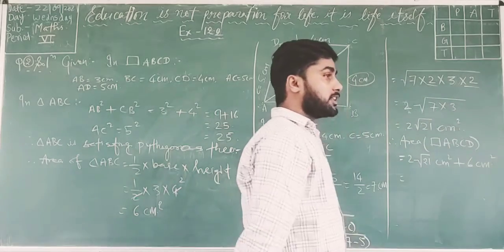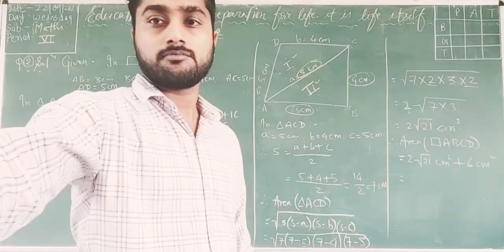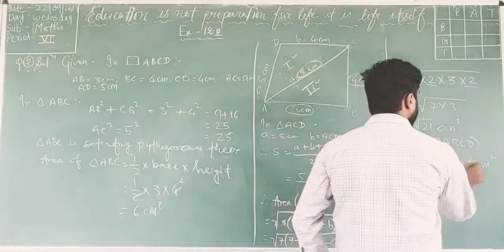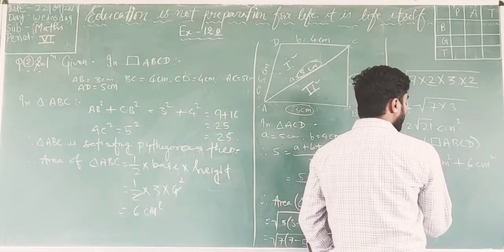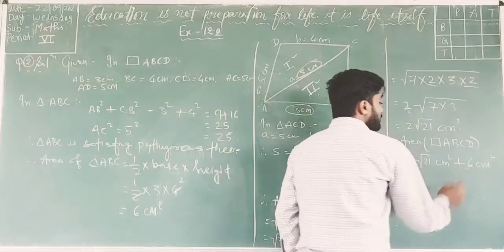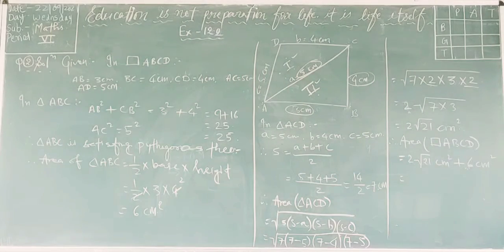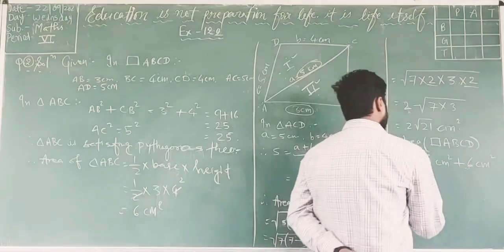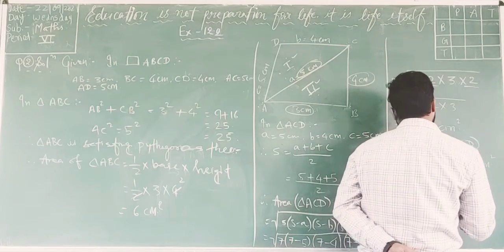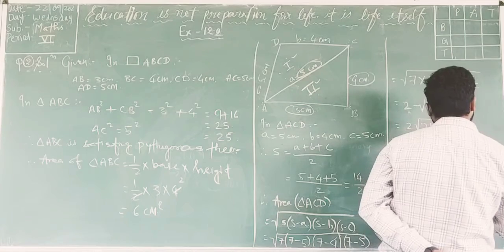Okay, so solve this under root 21, write the value and add this value with 6, then you will get answer 15.2 centimeter square, which is your answer.